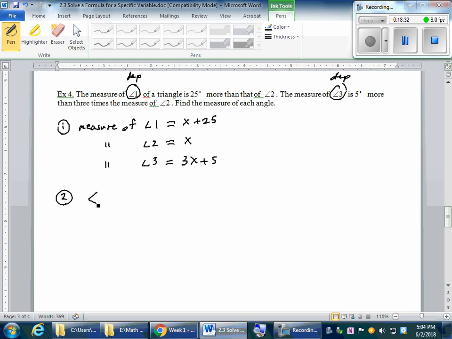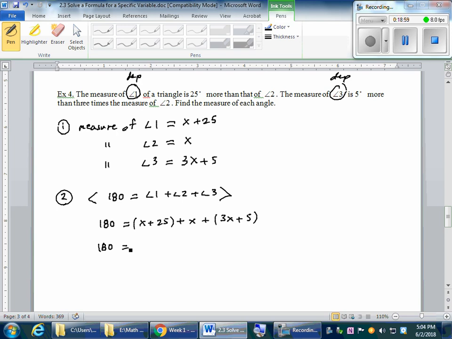So we know that 180 degrees is equal to angle 1 plus angle 2 plus angle 3 in a triangle, all three angles. So this will become 180 degrees is equal to angle 1, x plus 25, angle 2, x, and angle 3, 3x plus 5.